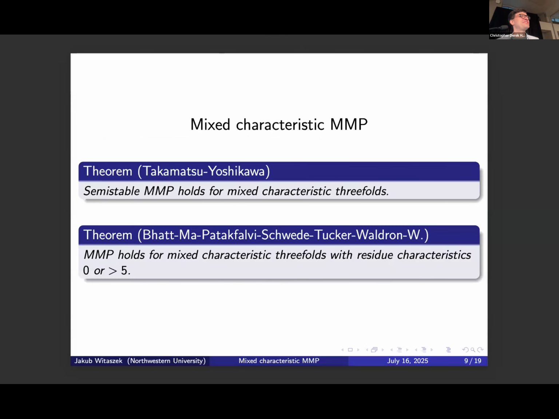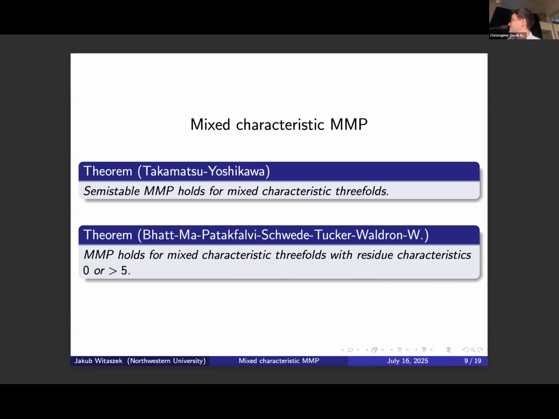Okay, so now we reach the two main statements of today's talk. This is a theorem by Takamatsu and Yoshikawa and a theorem by Bhatt, Ma, Patakfalvi, Schwede, Tucker, Waldron, and myself, proved independently. Takamatsu and Yoshikawa established this semi-stable minimal model program for mixed characteristic threefolds in every characteristic, vastly expanding the work of Professor Kawamata.